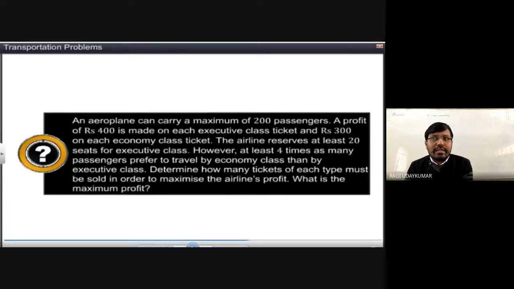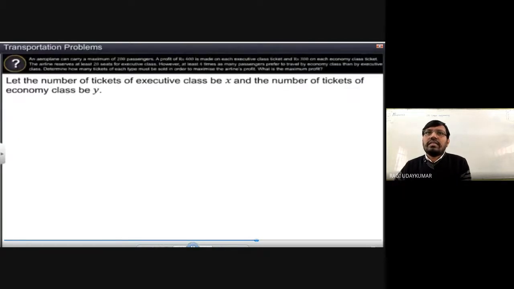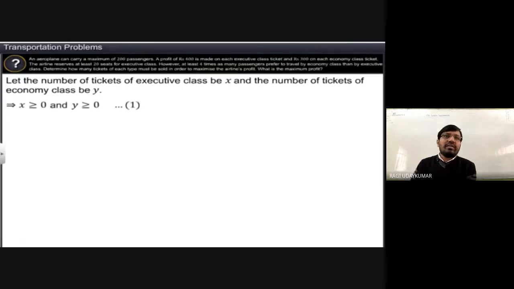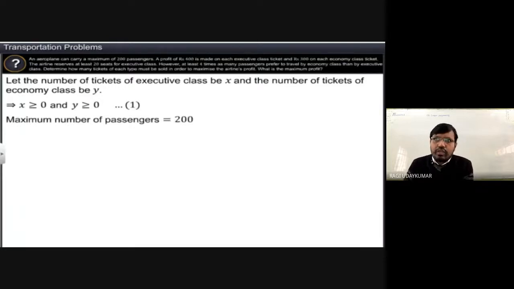Let the number of tickets of the executive class be x and the number of tickets of the economy class be y. Both should be greater than 0. The condition is that the maximum number of passengers is 200.